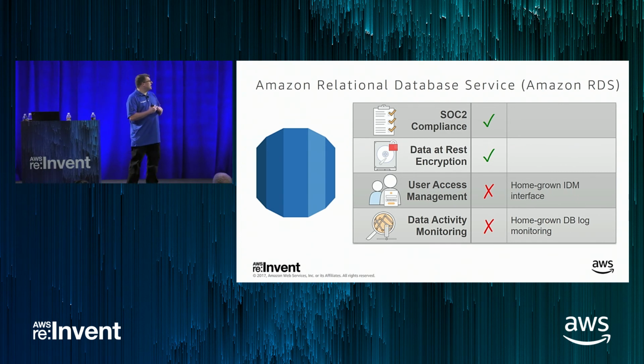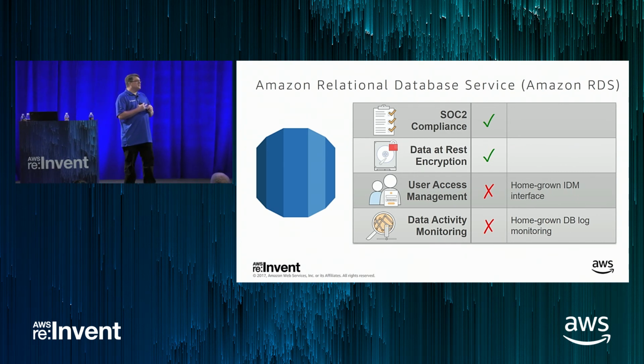User access management is basically where we are absolutely sure about which users exist within our various data stores and the rights that those users have, and the ability that if someone leaves the company, we can be absolutely sure that within minutes their rights are removed from those databases.